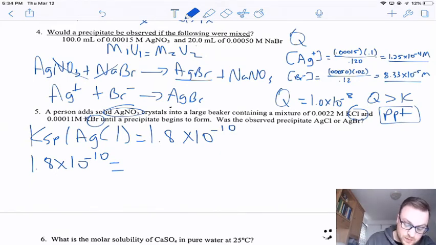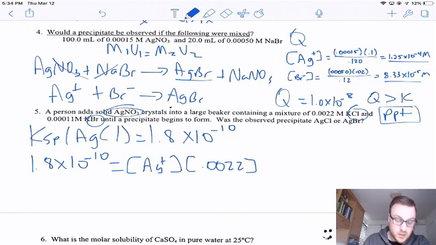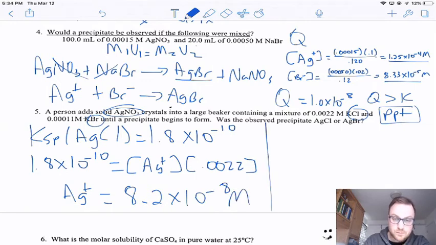It's going to be defined as the silver ions times the chloride ions. For AgCl, you have added 0.0022 molar chloride ions to that solution, and you divide both sides by 0.0022, and you will get a concentration of Ag+ equal to 8.2 times 10 to the negative 8th molarity. You will do the same thing for AgBr.